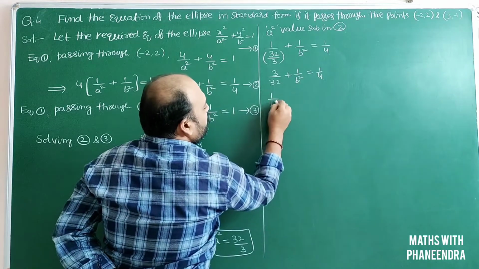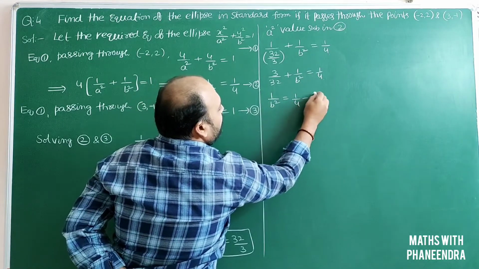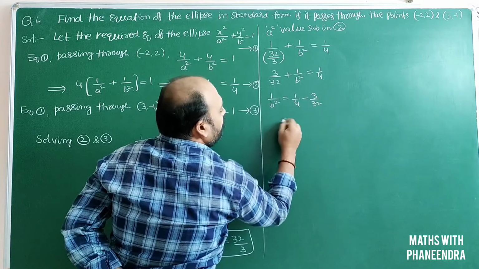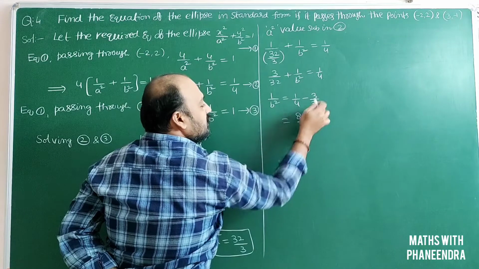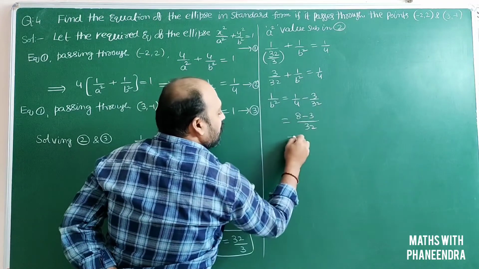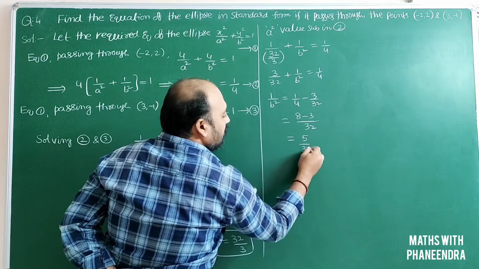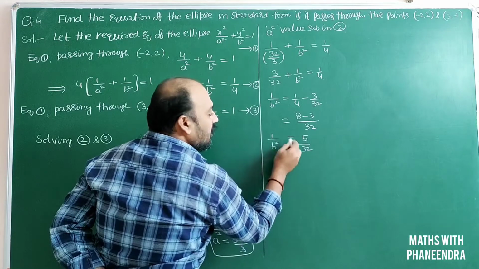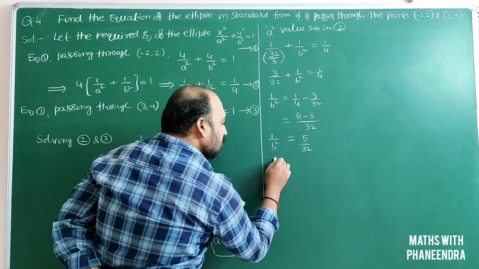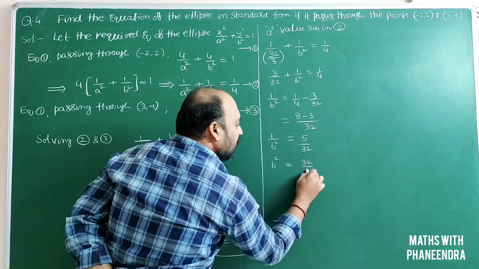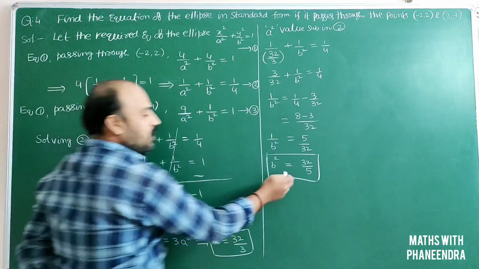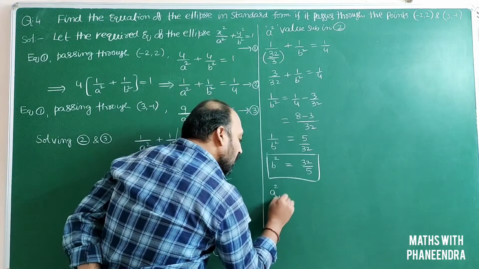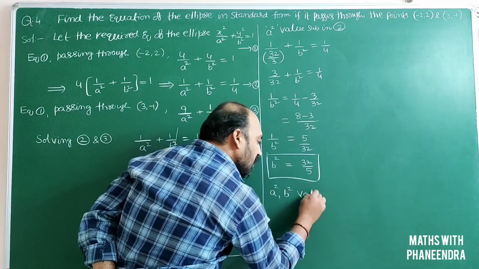So 1 by b square equal to 1 by 4 minus 3 by 32. The LCM is 32: 4 eights are 32, so 8 minus 3, which is 5 by 32. This is the value of 1 by b square, but I want the b square value, so b square equal to the reciprocal, 32 by 5. So we got the a square value and the b square value. Substitute a square comma b square values in equation 1.